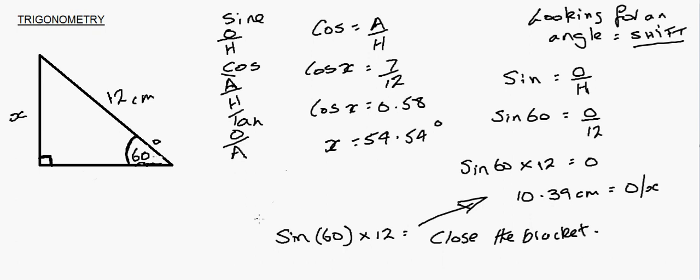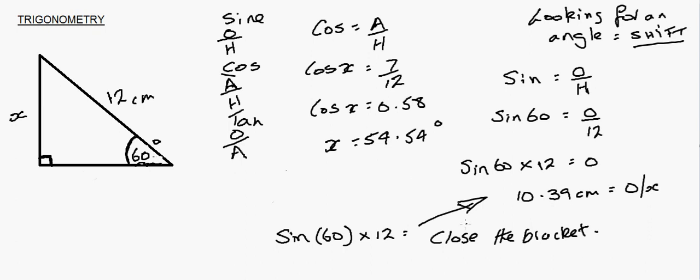What's important is, if you're looking for an angle, you press shift. So when you get down to this point here, cos x equals 0.58 or sine equals 3.12, whatever it is, you're going to have to press shift to find the angle.